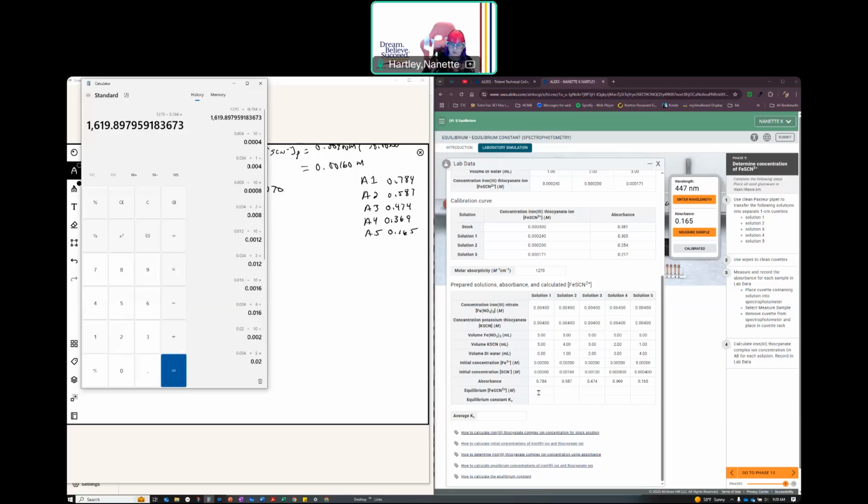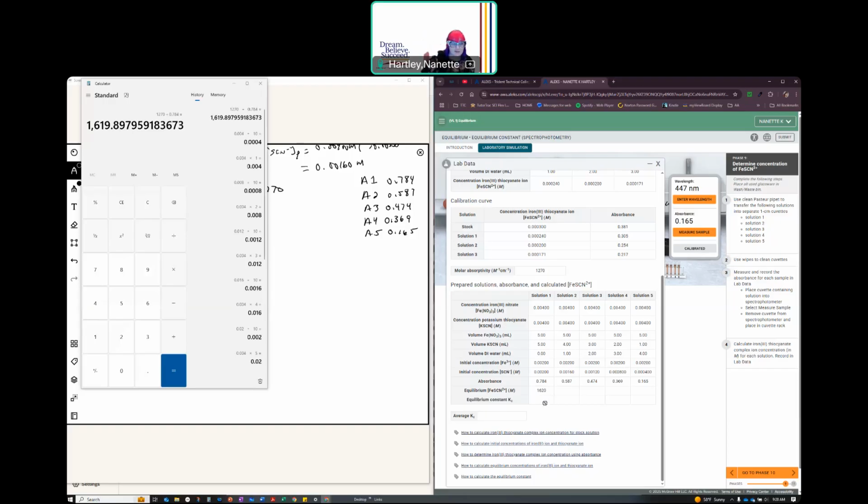Seems really weird to me, but let's see what happens. Three sig figs there, 3 sig figs there. So I end up with this number, 161. But there are only 3 sig figs in the numbers that I'm looking at, so I would round this to 1620. We'll see what it says.